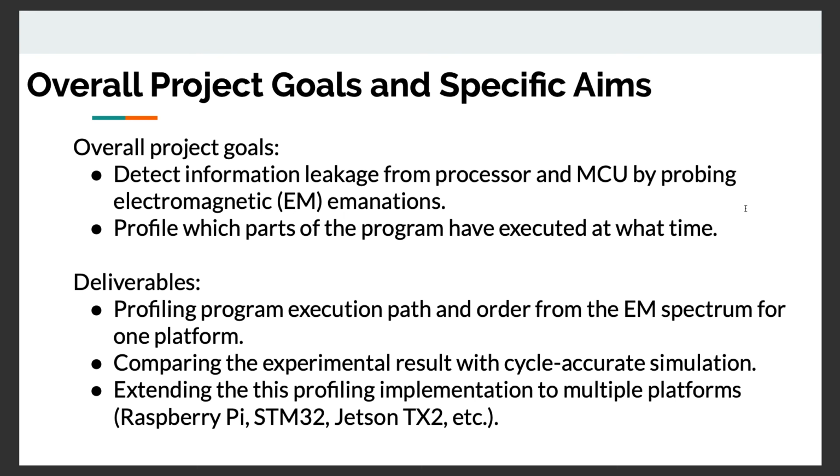execution path. From our project, we want to profile which part of the program has been executed based on user input, because we assume the program executes some paths instead of others based on the user inputs, and from that we can decipher what the user put into the program to trigger which part to be executed.